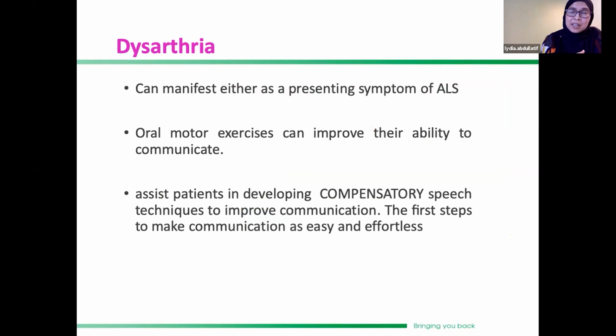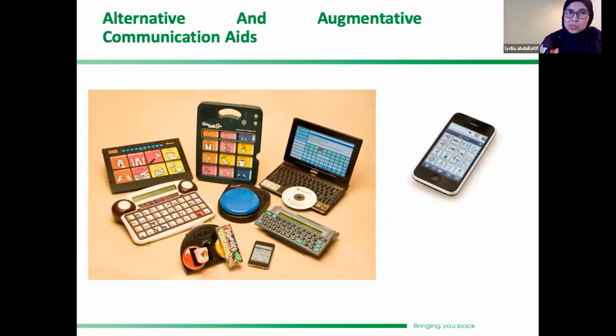And if the patient is already not able to have functional communication, that's where you need to get some compensatory speech technique to improve communication or start to consider AAC. Okay, so we always start to use low technology and not always high technology first. Okay, something that is easy for the patient according to their comfort level of using technology.